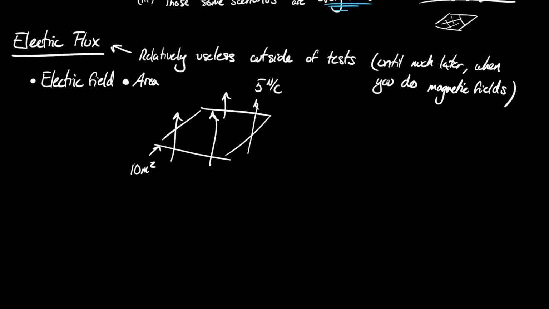Let's see, do I have the right units? Yes, I do. And you're told there's a uniform electric field of 5 newtons per coulomb flowing perpendicularly through this surface. All you do is you multiply the electric field times the area to get a total flux of 50 newton meters squared per coulomb.